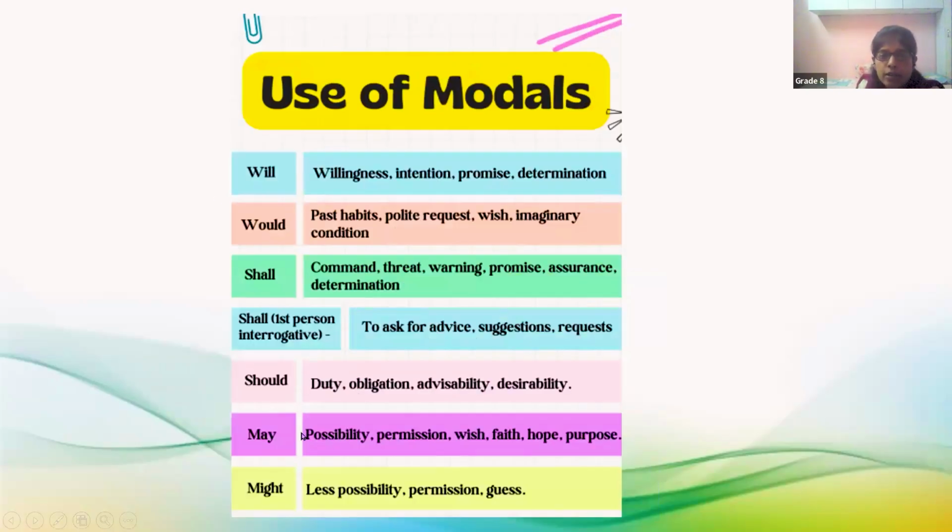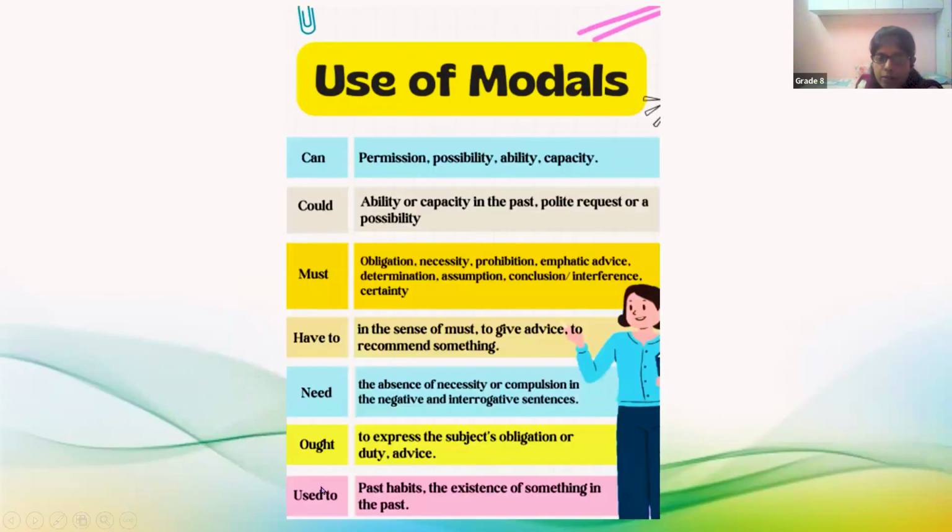This only revises what we've done, in the pairs: may, might, like that. So I am not waiting on it. Sometimes modal verbs can also be have to. This is used when we are giving advice and to recommend something. Have to and need are also used. Sometimes even used to is used.